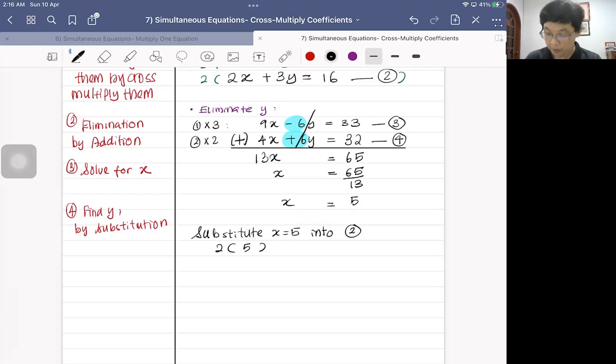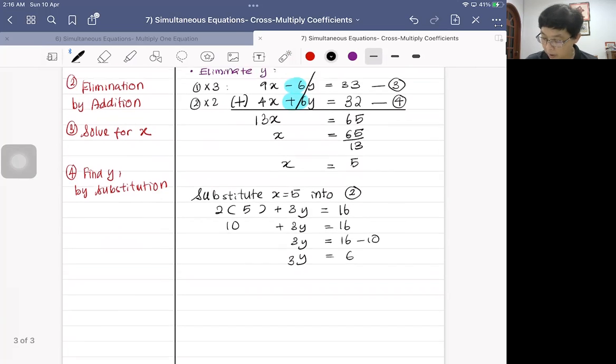So 2 times 5 in the x place plus 3y equals 16. Now let's expand this: 10 plus 3y equals 16. Subtract 10 from both sides, and you get 3y equals 6.